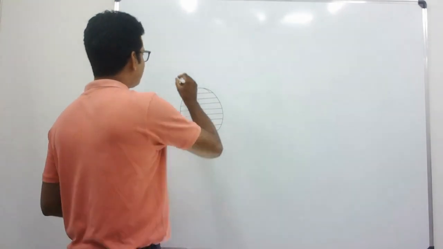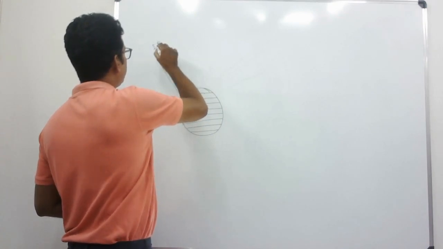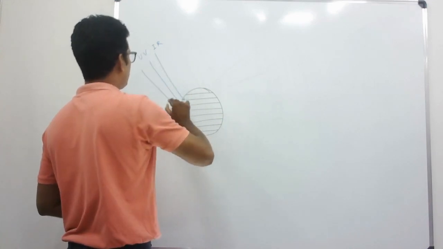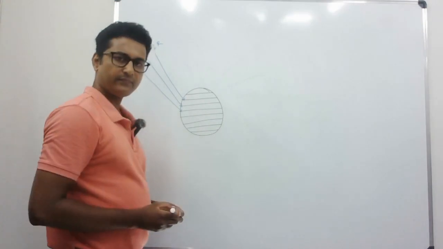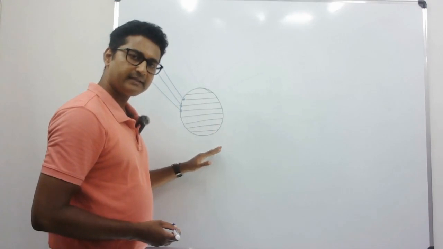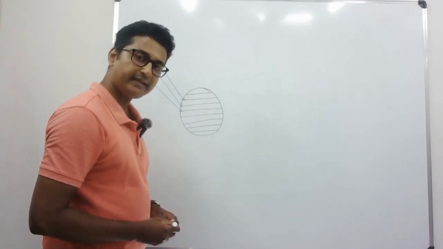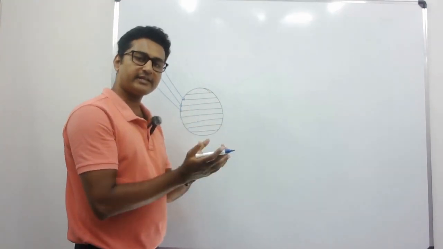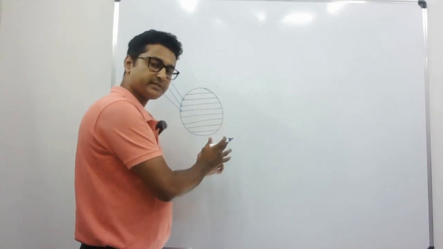when electromagnetic radiation like IR, UV, or visible radiation falls on this substance, the black body would completely absorb all the electromagnetic radiations which fall on this substance.